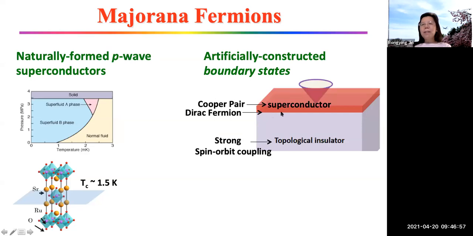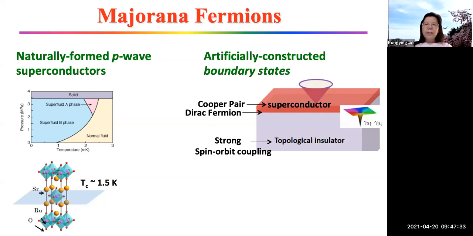At the interface, again, because of this spin orbital coupling, which is in the gray area here, and the Cooper pairs offered by the superconductors, you have to make a breakup of Cooper pairs, we call. And then that would be a similar case as we have seen in the P-wave superconductors. And that will generate Majorana fermions or Majorana zero energy modes.